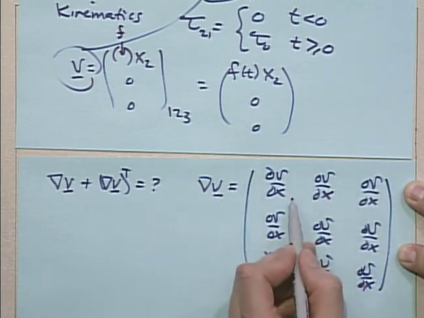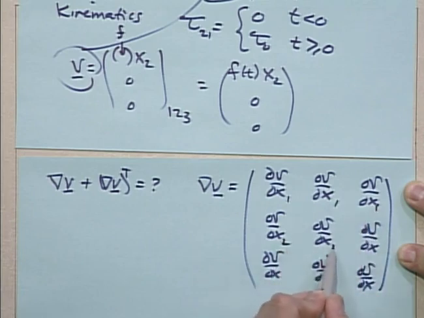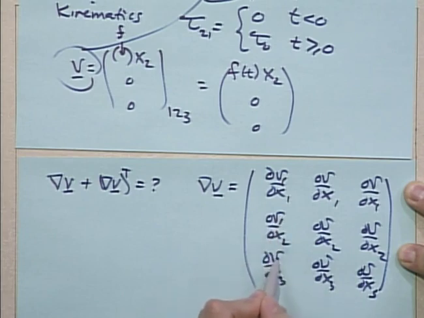And the derivatives go across the rows, and the velocities go down the columns.